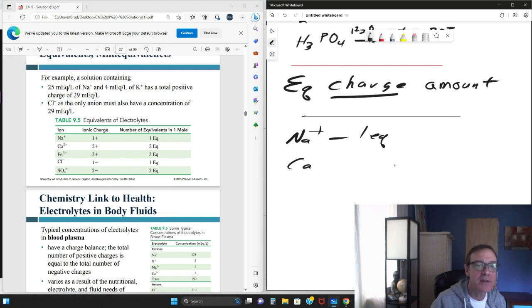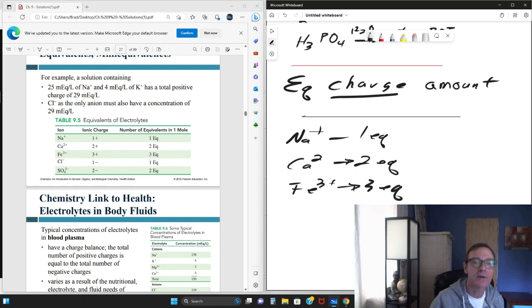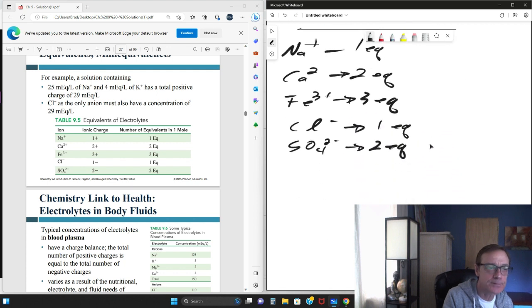Calcium has a charge of +2, so you get 2 equivalents. Iron can give you 3 equivalents, etc. Of course, the negatives work the same way. Chloride gives you 1 equivalent, and polyatomic sulfate will give you 2 equivalents, a measure of how much charge you're getting out of that. And the other thing to remind you, you're going to keep those balanced in any solution.